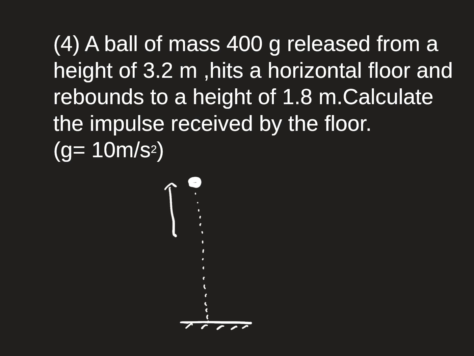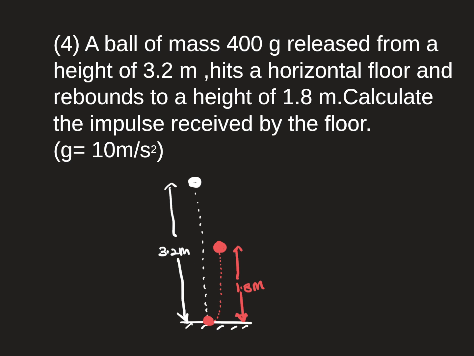As it hits the horizontal surface here, it rebounds, so it moved in the opposite direction to assume a final position here, which is 1.8 meters. That is what we have understood. So it asks us to calculate the impulse received by the floor.